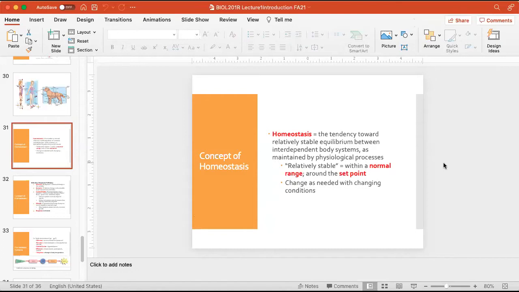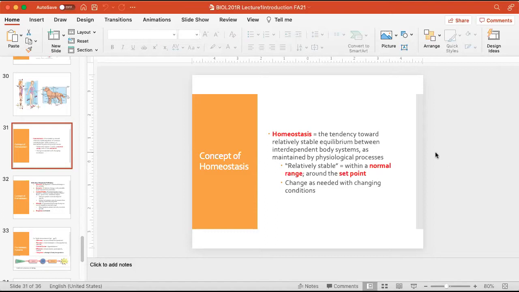Homeostasis is a state that the body is in. That's the first thing to know. Now we define it as a tendency towards relatively stable equilibrium. That definition, to my mind, is tough because it doesn't feel like you can grasp the meaning of the word very clearly.